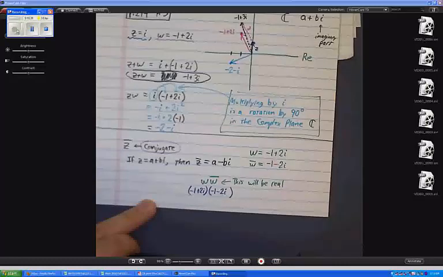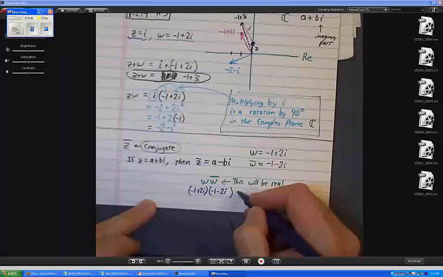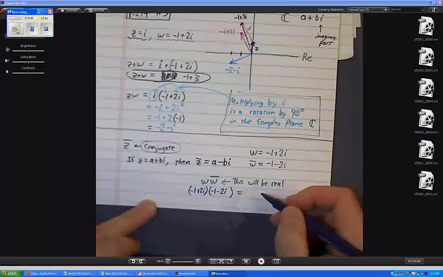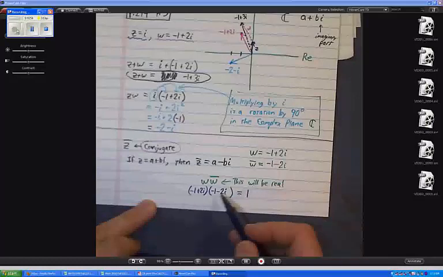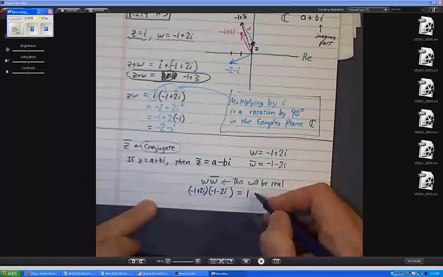And so when I do these, how would you multiply these? Well, we have to do our algebra. The FOIL, right? First, outer, inner, last. So I get -1 times -1 is 1. And then I get -1 times -2i, that gives me plus 2i.